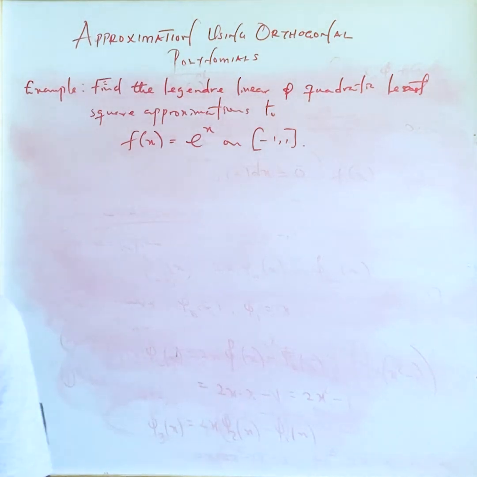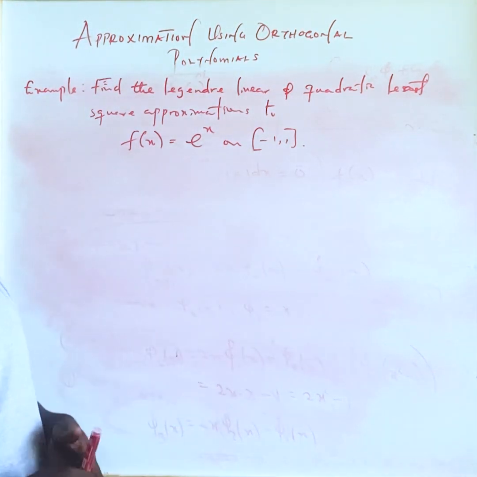So we were told to find the Legendre linear and quadratic approximations.